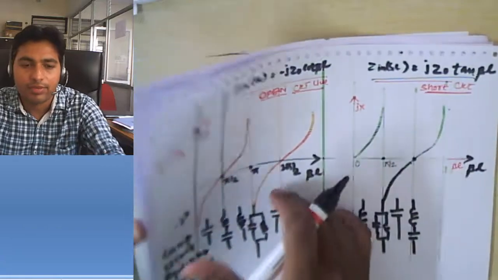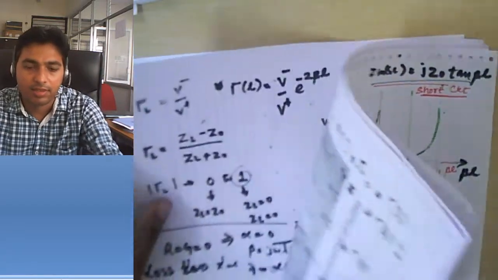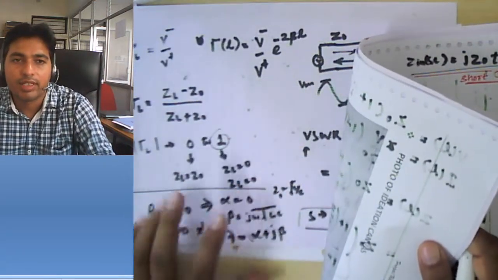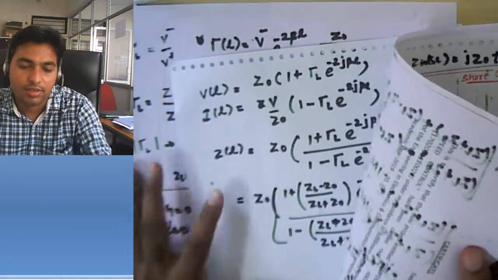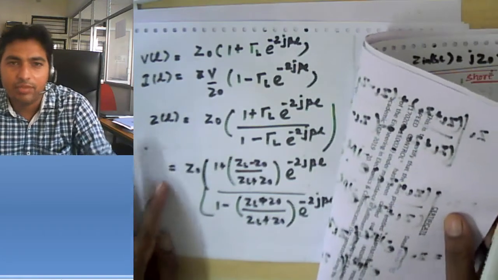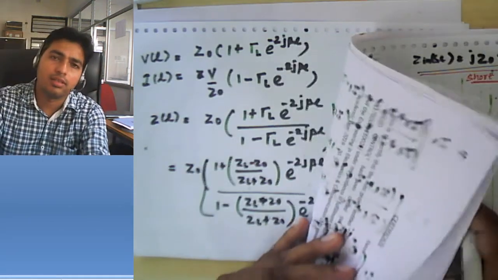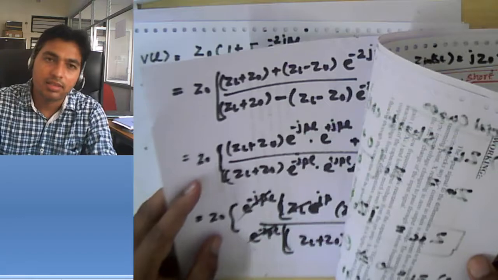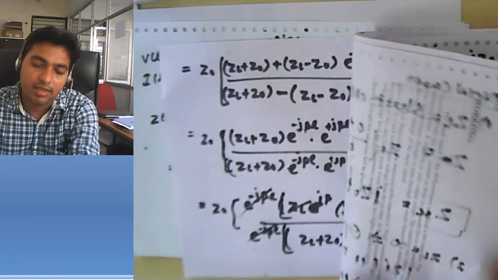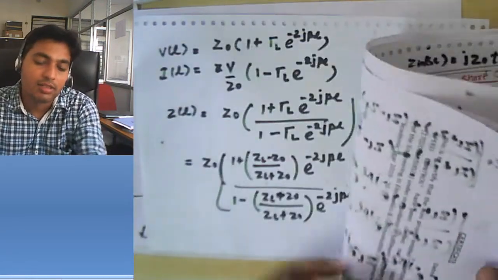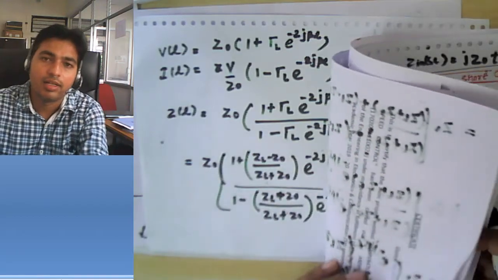So in this lecture, we have seen that for a lossless line we calculated the input impedance by substituting the reflection coefficient of a transmission line.